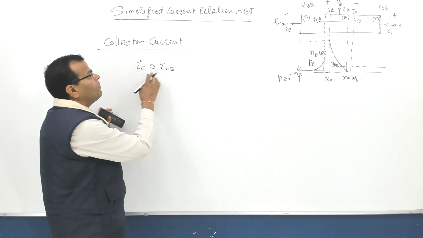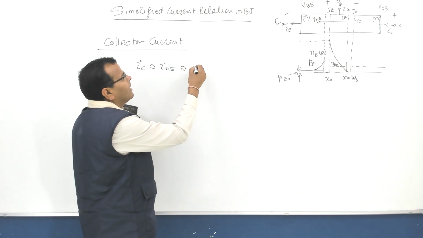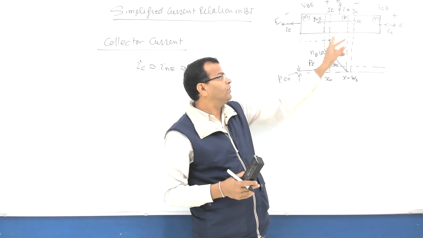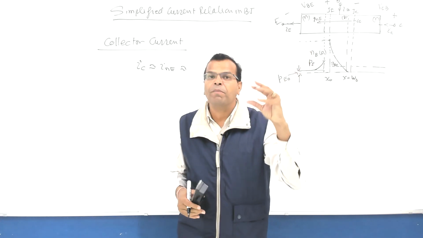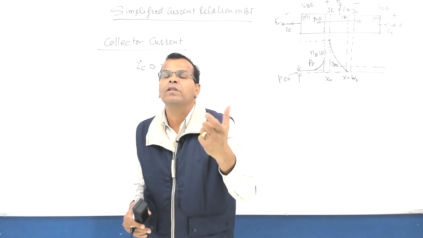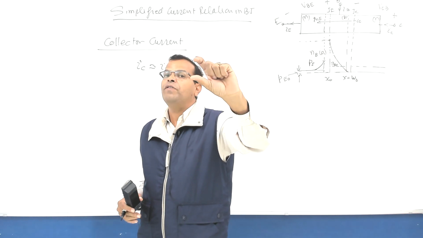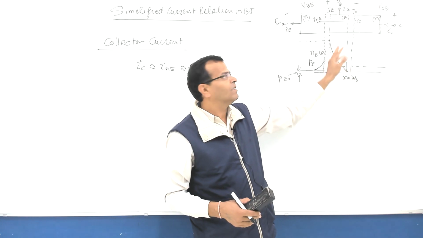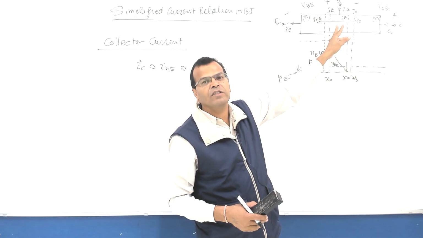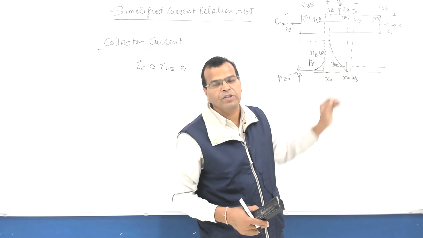So IC will be approximately equal to this, and that is nothing but diffusion current in the base region. Why? Because I repeat, the forward bias current in a diode is because of the diffusion of minority carriers on another side. It means diffusion of minority carriers on the lightly doped side, which is base in this case.